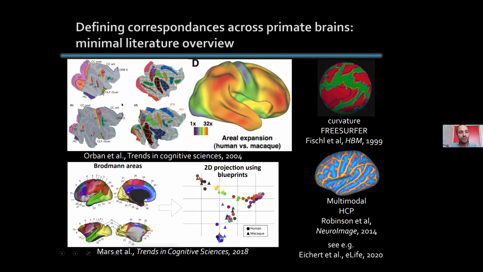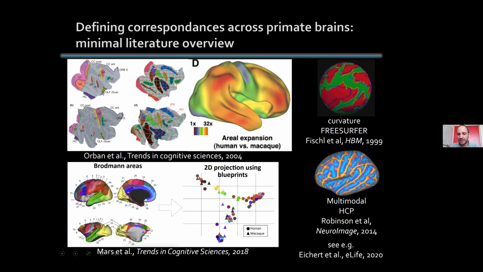Very briefly, there are other works that have been proposed for this task. The first one was proposed by the Van Essen lab, where they used landmarks that were defined both from a geometrical point of view and based on functional correspondences. There is a lot of work based on mapping techniques that were developed initially for humans, but then applied to other species.